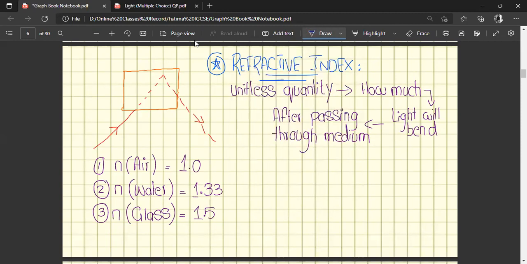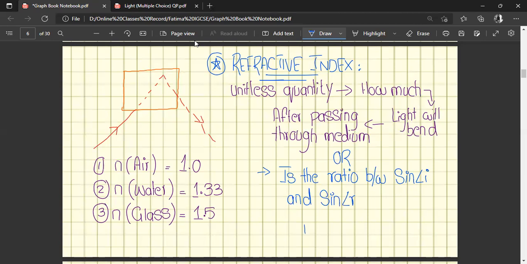And if you want to define refractive index in a scientific way, we can write that refractive index is the ratio between the sine of the angle of incidence and the sine of the angle of refraction.